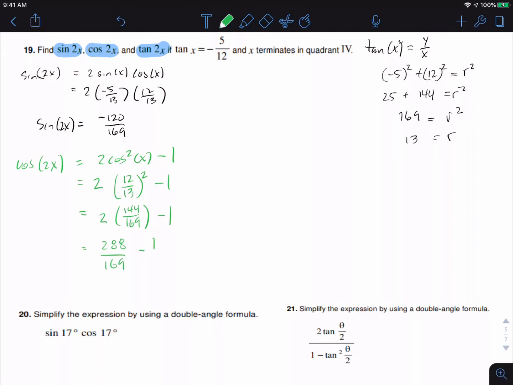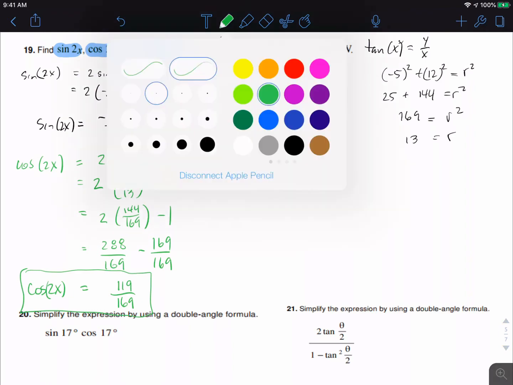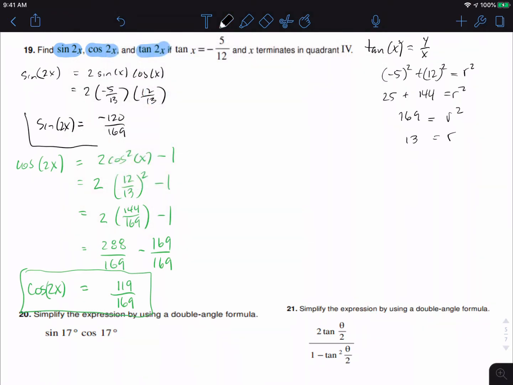And then with common denominators, I'm going to go 169 over 169. That will give me 119 over 169, and that is cosine of 2x. There's that.